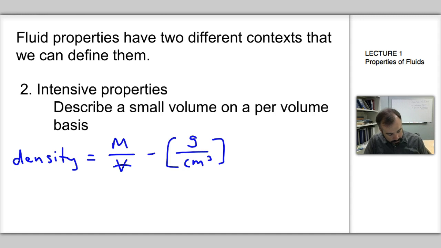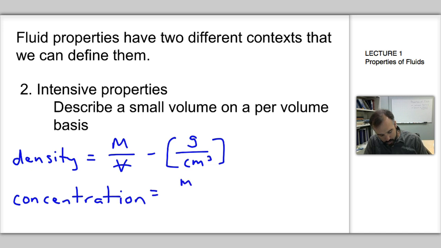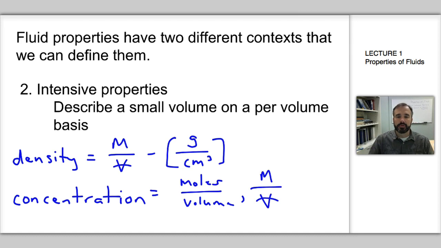Another intensive property is concentration. And we can talk about that a little bit more. We don't deal with it a whole lot in this class, but again, it's also like moles per volume or mass per volume. So it's defined similarly, and it's a concentration.